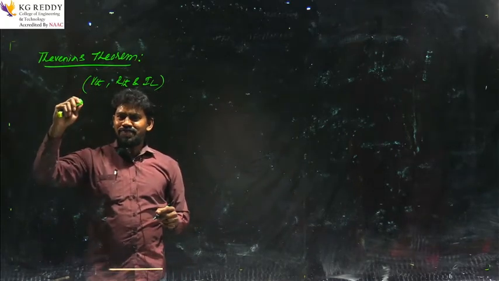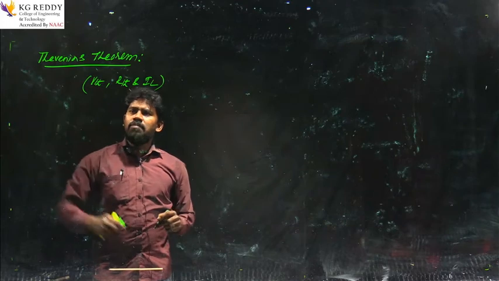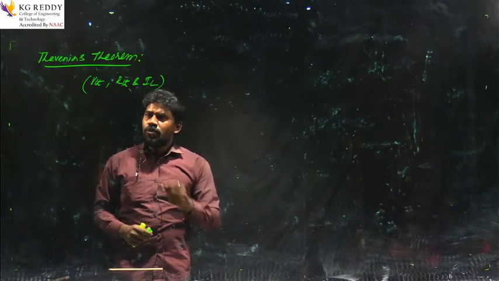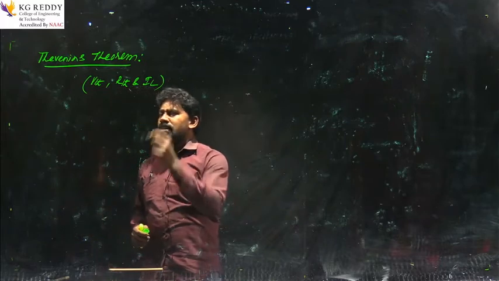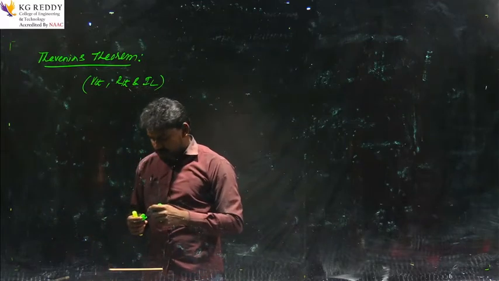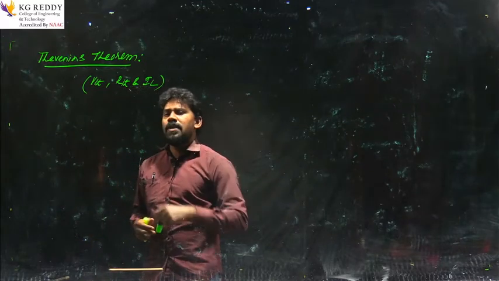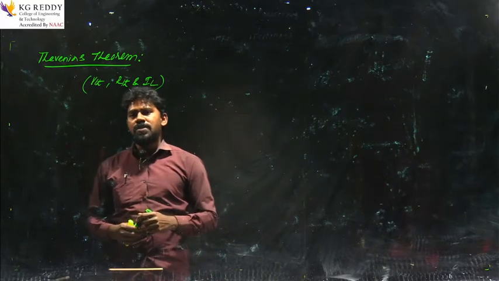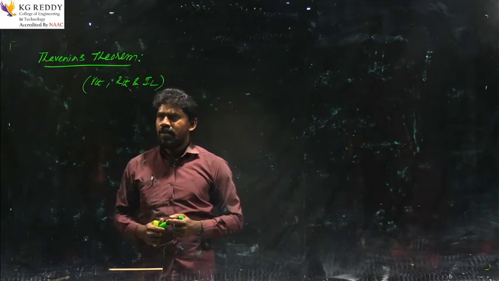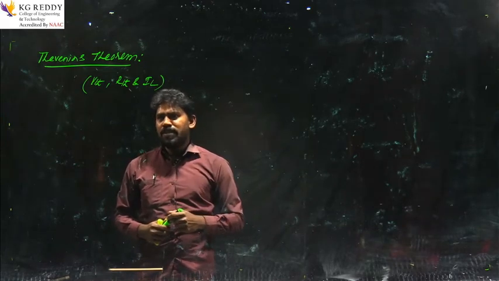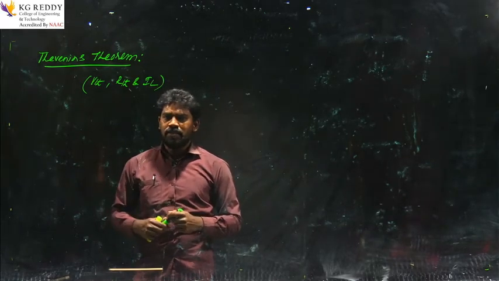Statement: any linear bilateral network having voltages, currents and resistances can be replaced by a single voltage source in series with a single resistance. Once again I am repeating the statement of Thevenin's theorem.